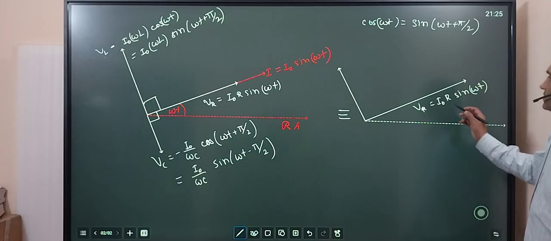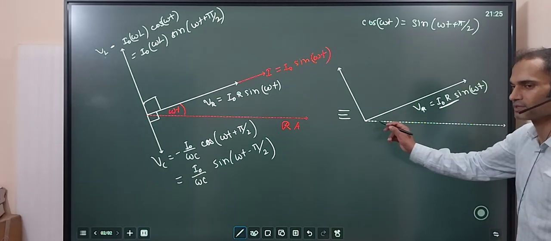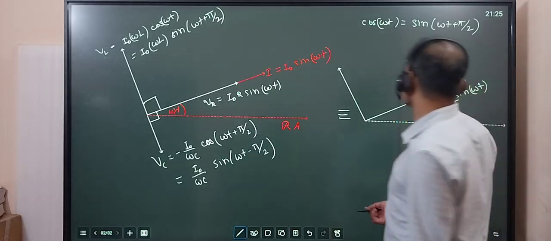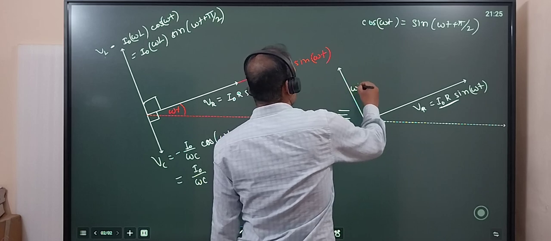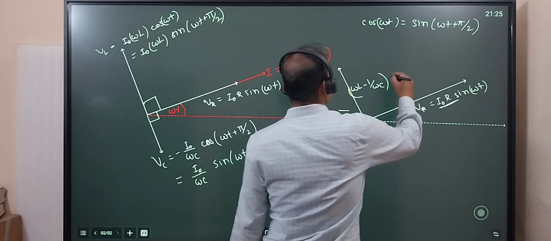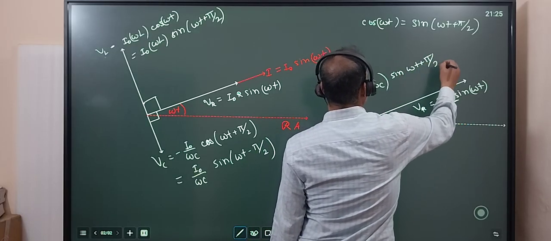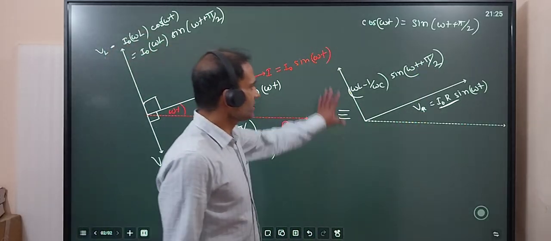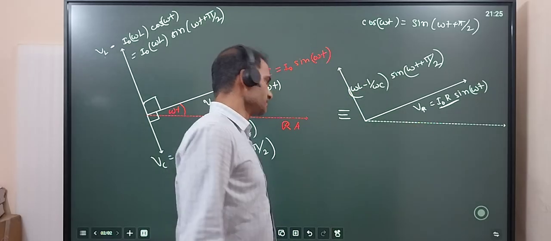The magnitude, the length, is I naught R. Remember this. This is for the phase consideration, and this length is I naught times omega L minus 1 by omega c, sine omega t plus pi by 2. So the length of this part is omega L minus 1 by omega c.